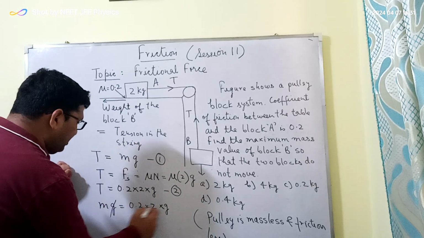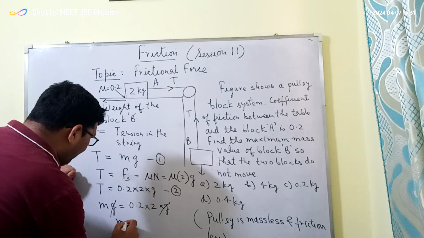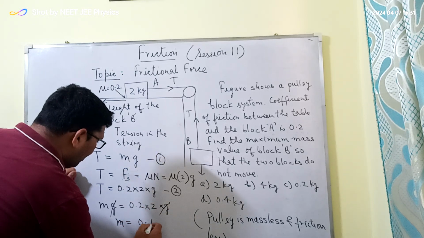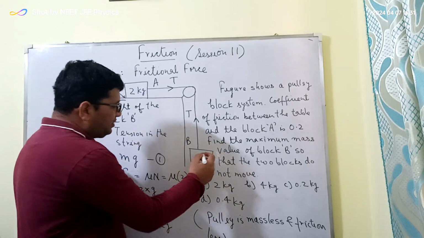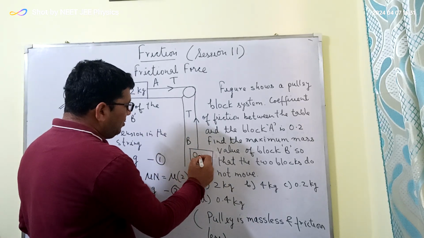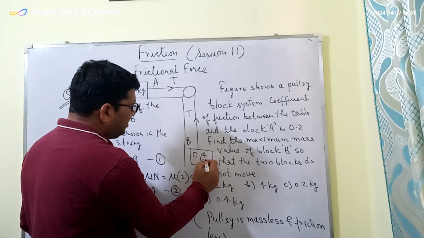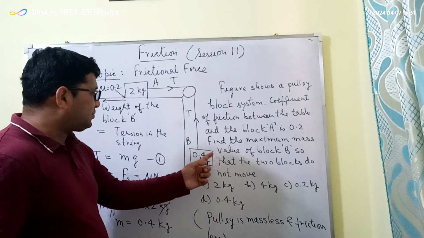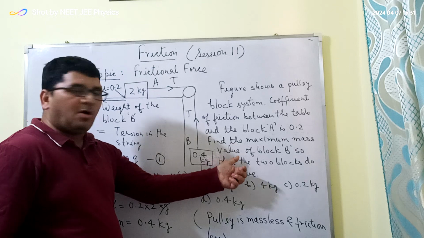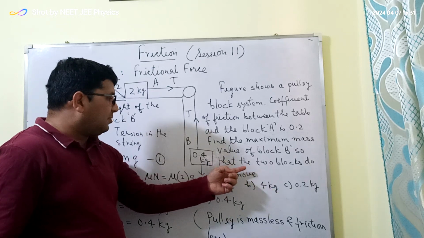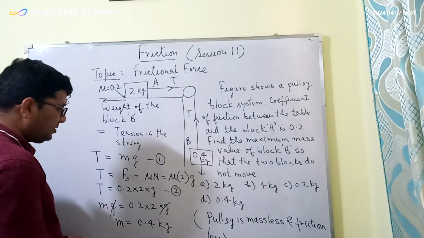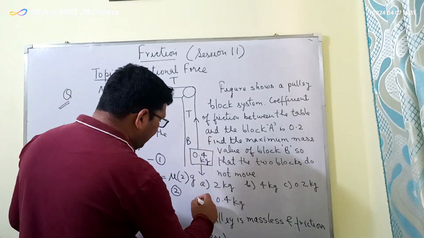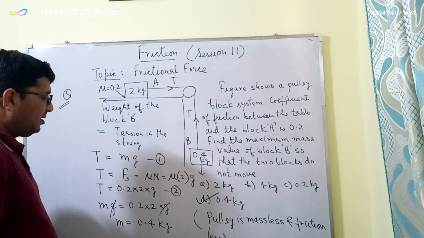So from here, g and g will get cancelled out, and so m will be equal to 0.4 kg. So the mass of this block B will be equal to 0.4 kg. This is the maximum mass of this block B so that the two blocks will not move. And so the correct alternative will be D, that is 0.4 kg.